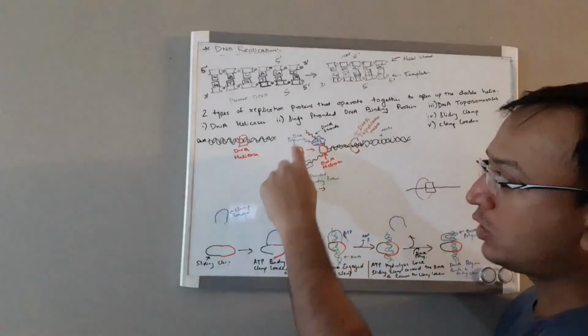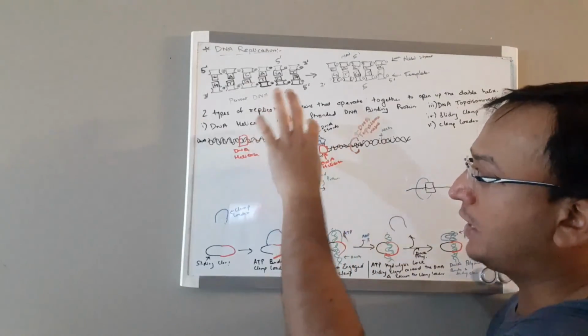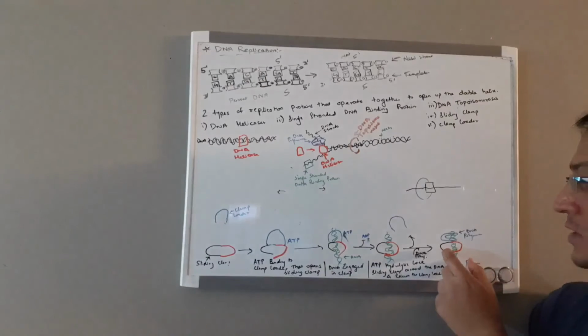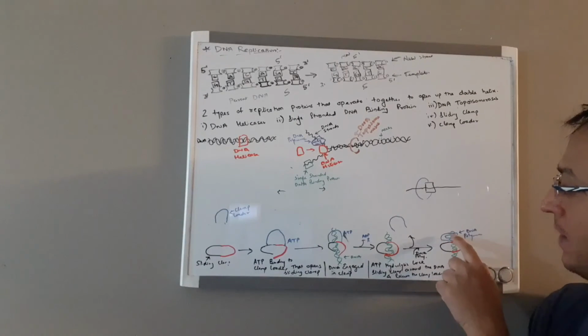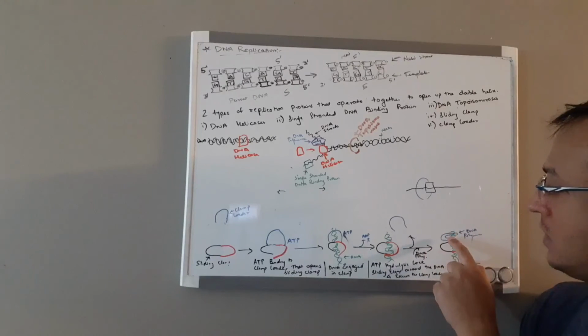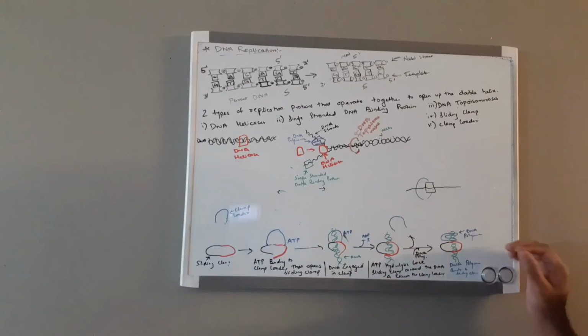So there are not two DNA polymerases, just one. As you can see here in this picture, we have our DNA and DNA polymerase, and the clamp is also on both sides of the replication fork, right?